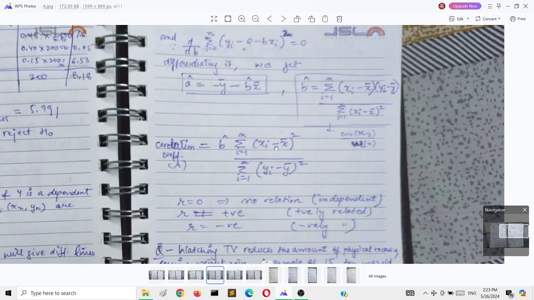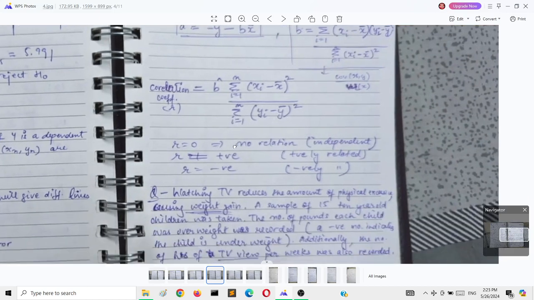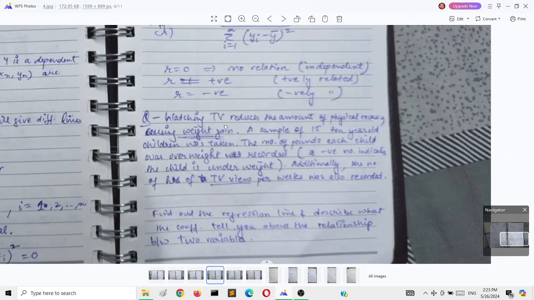Then this r metric will give you a value of 0 for no correlation at all between the variables. It will give a positive value to signify how much the values are positively correlated, and a negative value for saying that the values are negatively correlated.